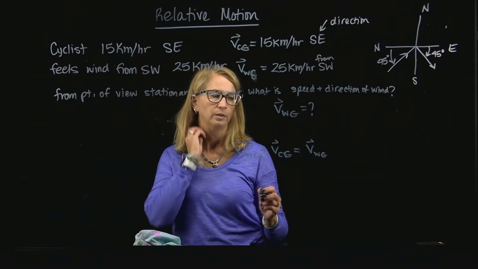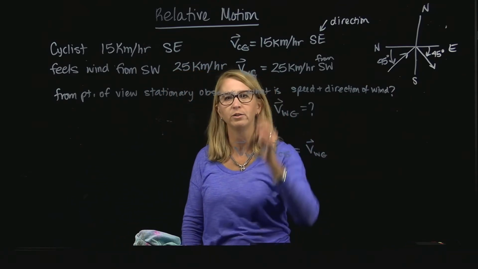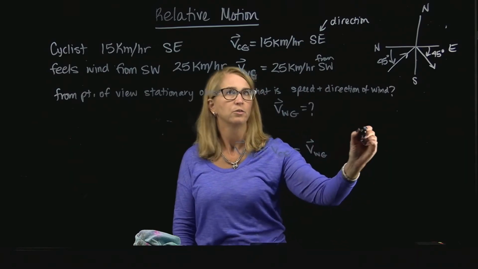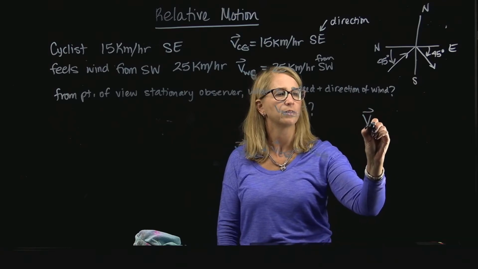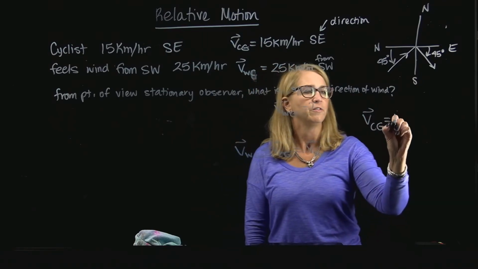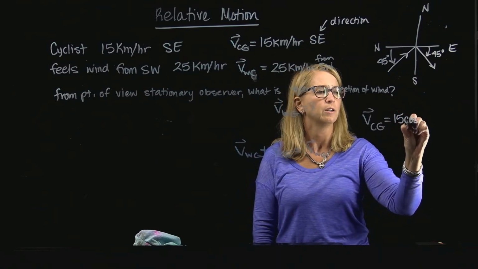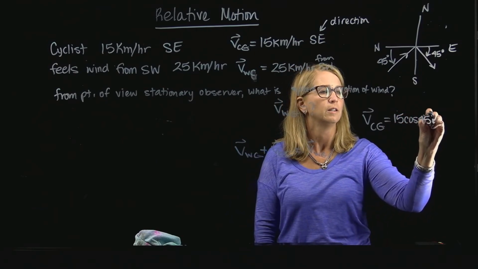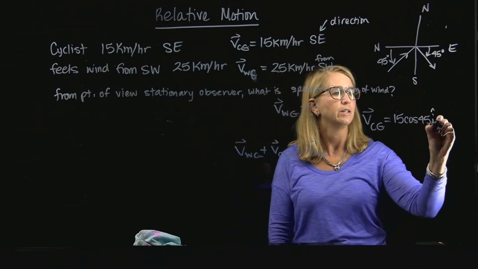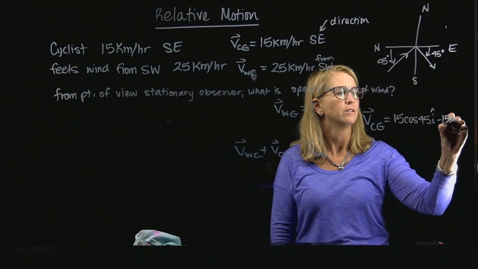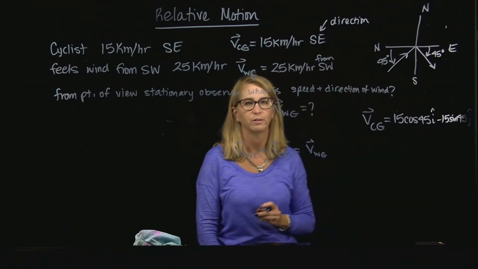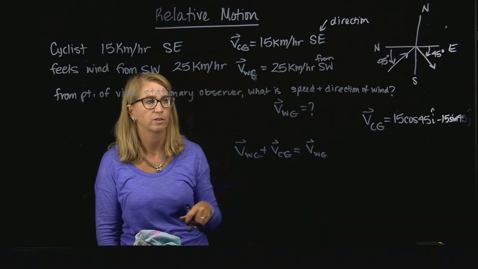So I want to write these two velocities in unit vector form. So I'm going to write the velocity of the cyclist with respect to the ground as 15 times the cosine of 45 in the i hat direction, which is east, minus 15 sine of 45 in the j hat direction, which is south.